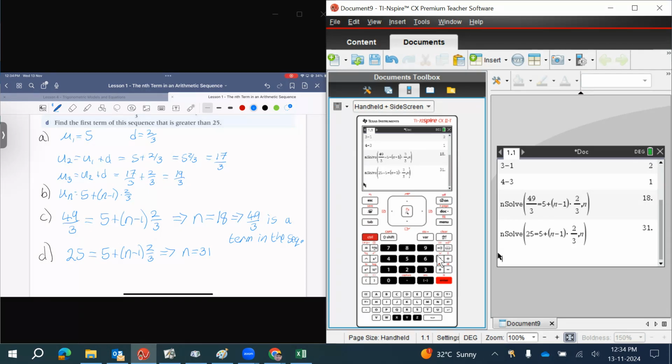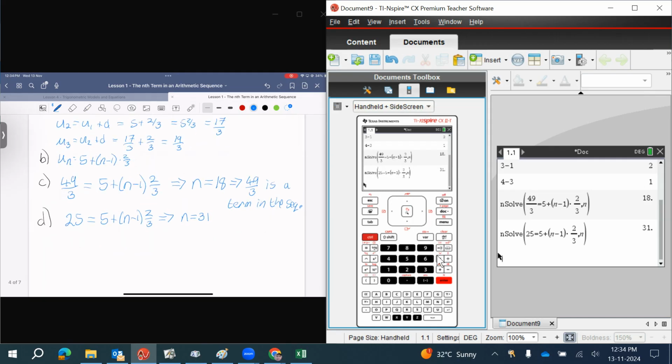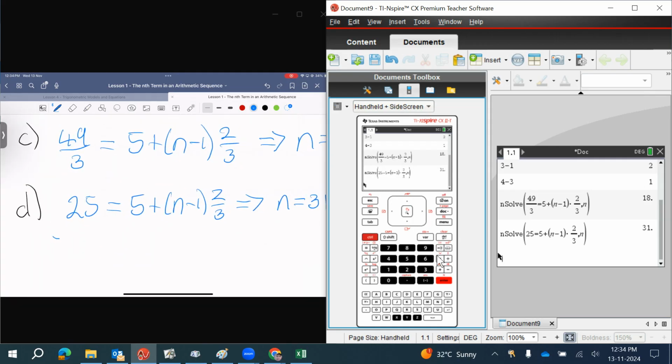If you look carefully at the wording of the question, it has to be greater than 25. So we want the 32nd term, which is greater than 25. What is the 32nd term?